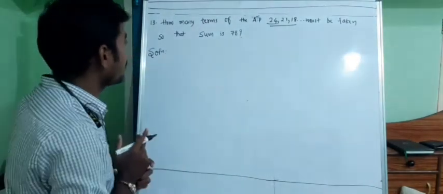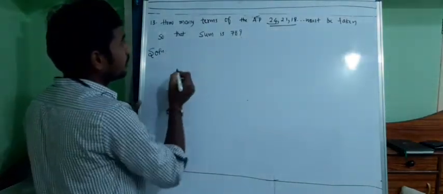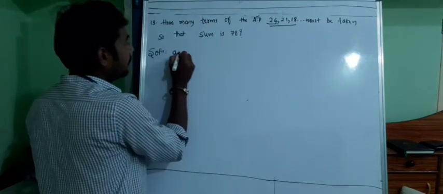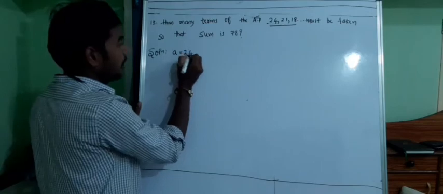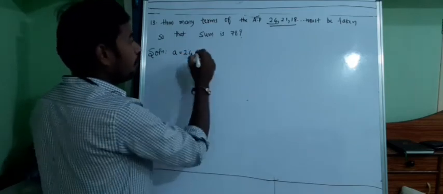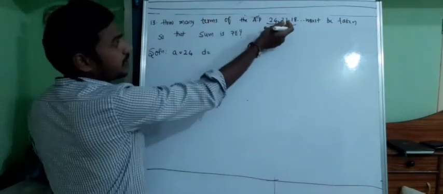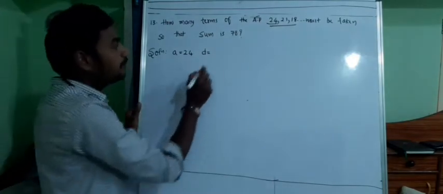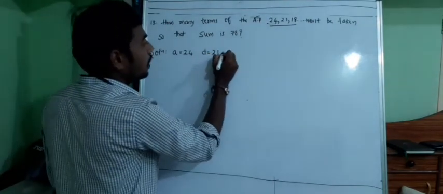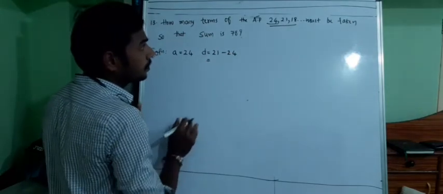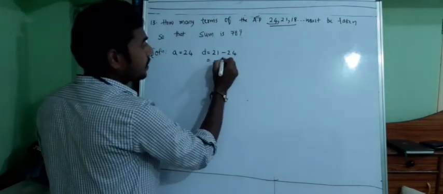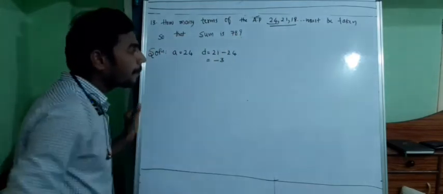So how are we going to proceed? What is given to us? They have given a is 24, and what do we know? We know d, succeeding term minus preceding term, 21 minus 24, which is equal to minus 3.